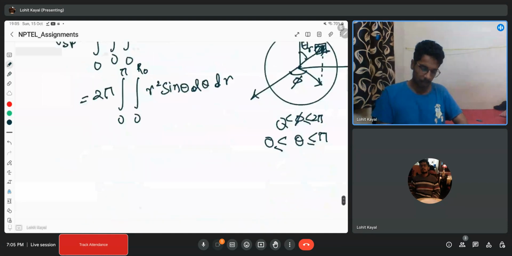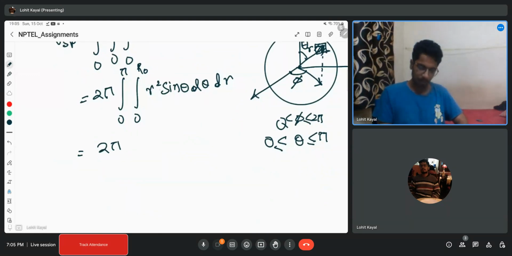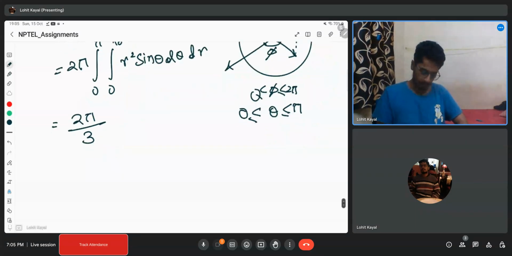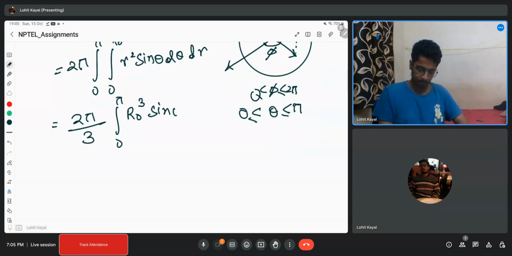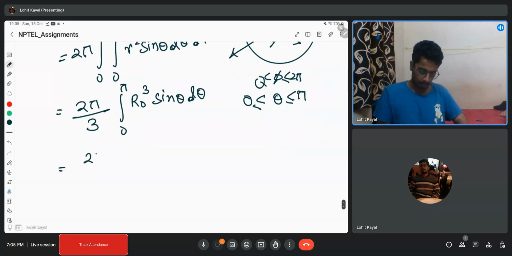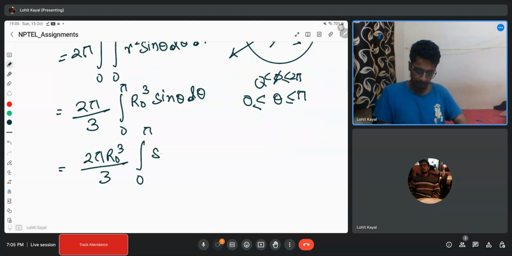Now, integrate with respect to r and we will get 2 pi. Integration of r squared will be 2 pi by 3, 0 to pi, r naught cubed sine theta d theta. r naught is again a constant. It will be 2 pi r naught cubed by 3, 0 to pi sine theta d theta.